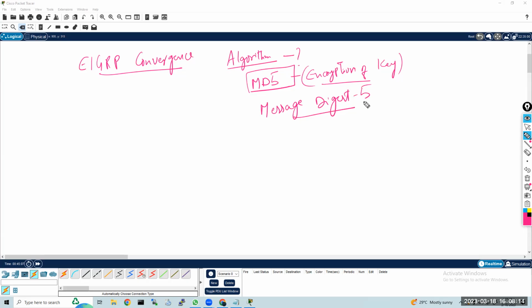It is an encryption format to check the security between two different networks, so that you should not get unnecessary updates. You should get only authorized advertisements from your neighbor network. Remember that, guys. Taj, how about distance vector and link state routing protocol? Link state routing protocol is OSPF. The OSPF is your link state.